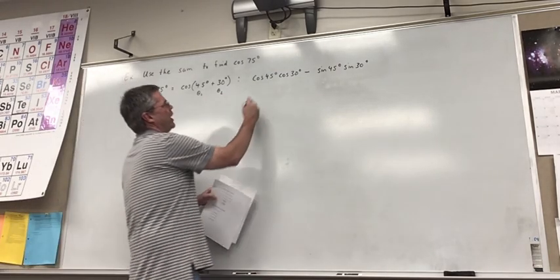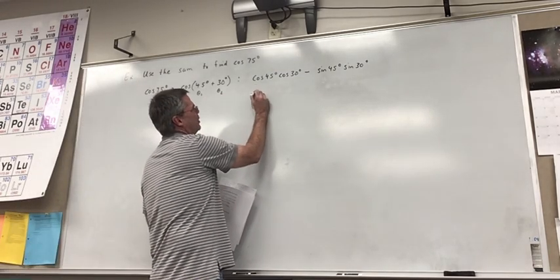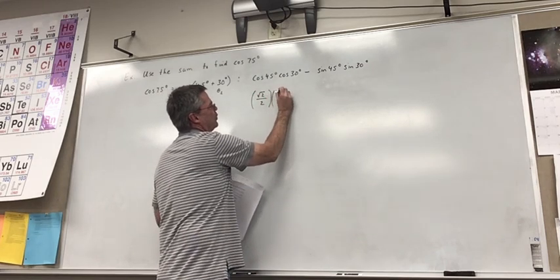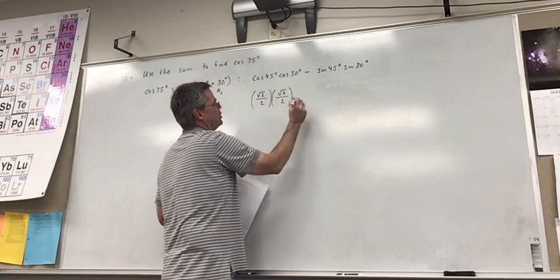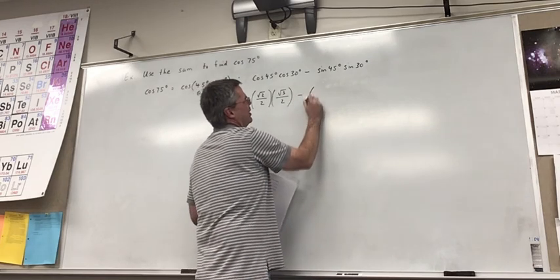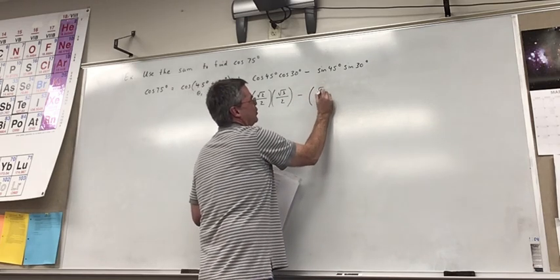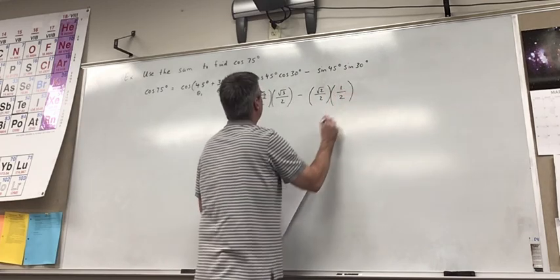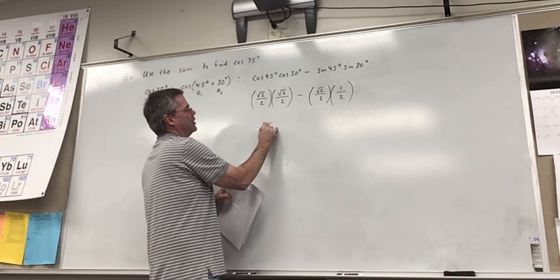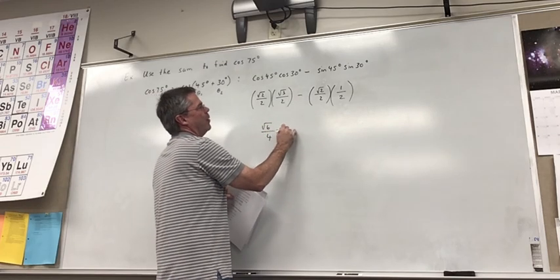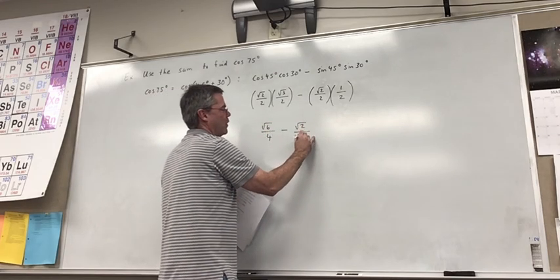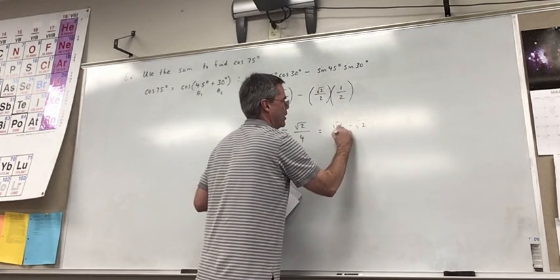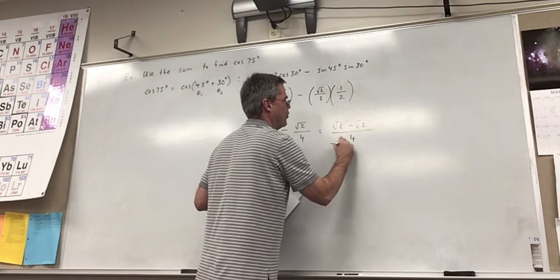All right, so cosine of 45 on the unit circle, that's going to be root 2 over 2. Cosine of 30 is root 3 over 2. If I make a mistake, somebody check me. And root 2 over 2 for sine 45. Sine 30 is a half. That's going to be root 6 over 4 minus root 2 over 4. So that's root 6 minus root 2 over 4.